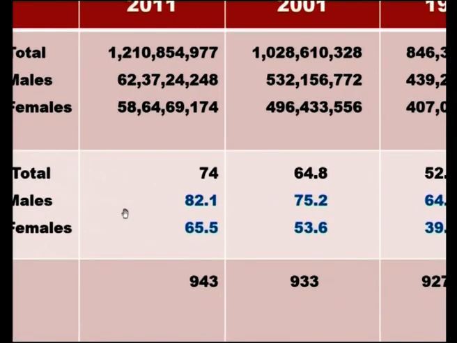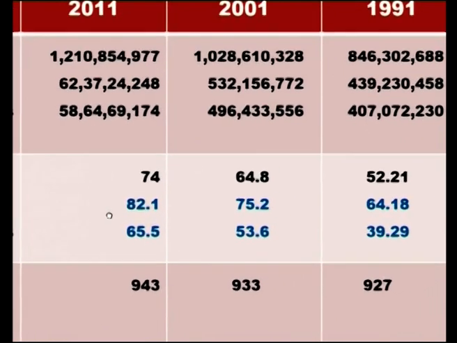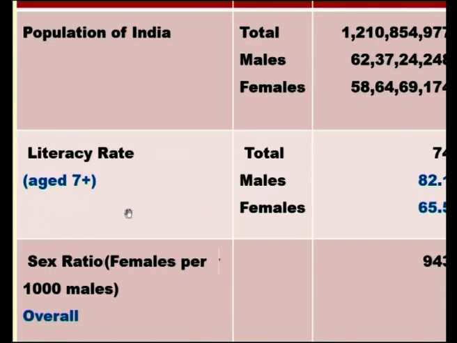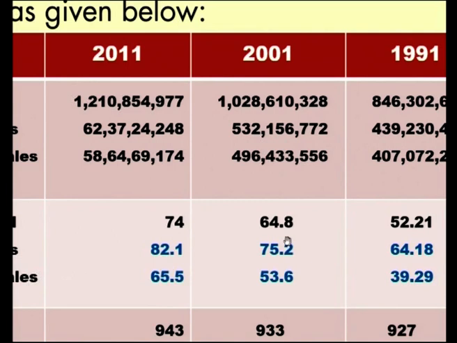Actually, the percentage we covered is 74 percent, and you can see the literacy rate, where age 7 plus is considered, is 74 percent in 2011, 64.8 percent in 2001 and 52.21 percent in 1991.